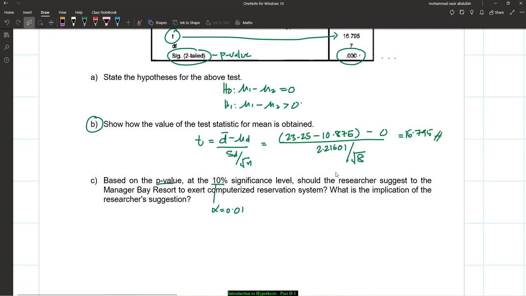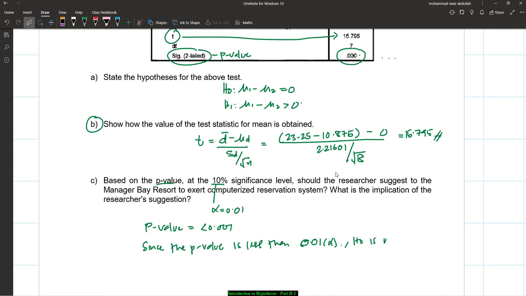So we can say that the p-value is less than 0.001, right? Since it shows 0.000. So since the p-value is less than 0.01, which is our alpha, the null hypothesis is rejected.